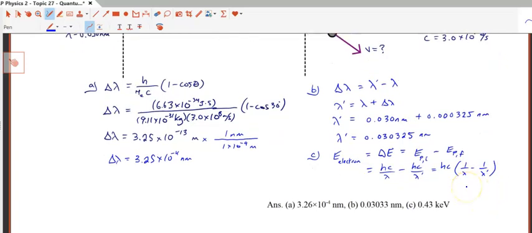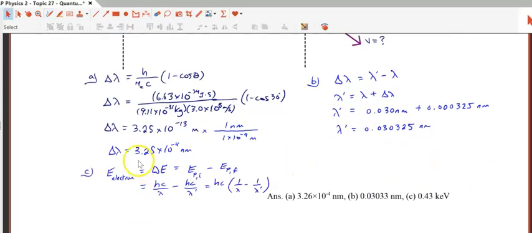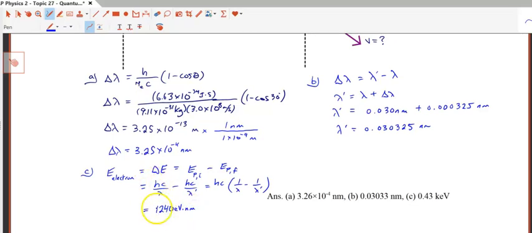I am running out of room, so maybe I'll move this all over to there. For the value for hc, since my wavelengths are in nanometers, I'm going to use the one with electron volts. So I'm going to use 1240 electron volt nanometers for hc all multiplied together.